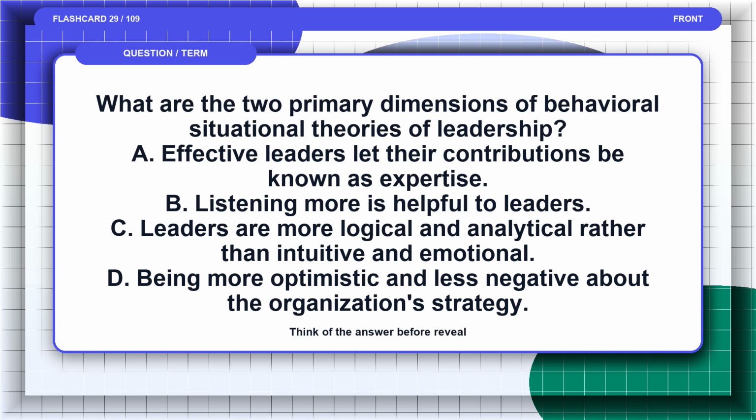Flashcard 29. What are the two primary dimensions of behavioral situational theories of leadership? A. Effective leaders let their contributions be known as expertise. B. Listening more is helpful to leaders. C. Leaders are more logical and analytical rather than intuitive and emotional.